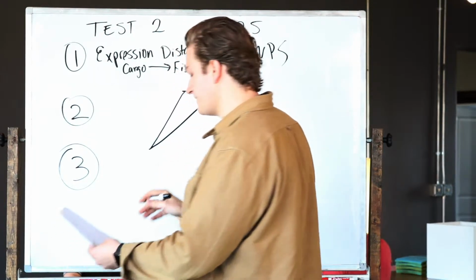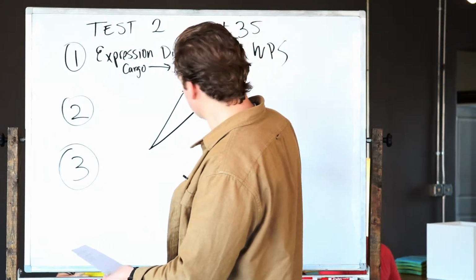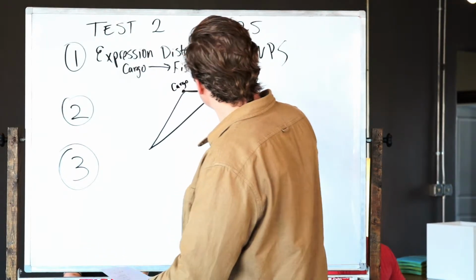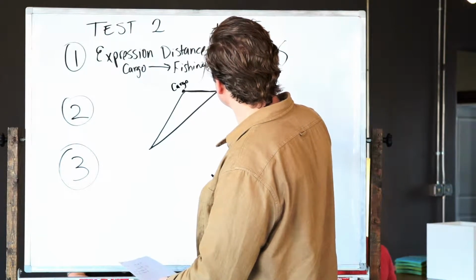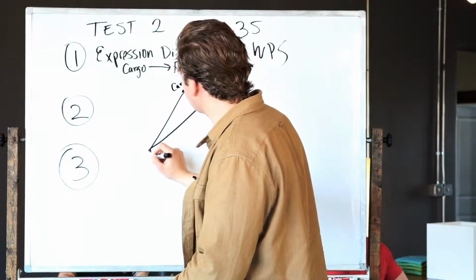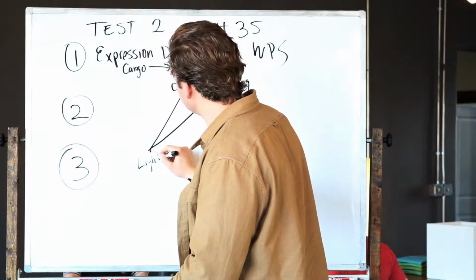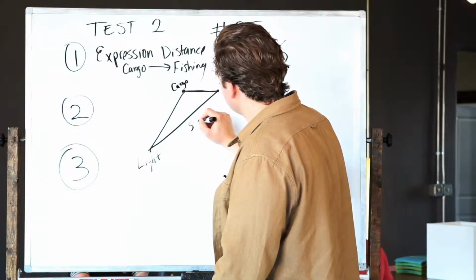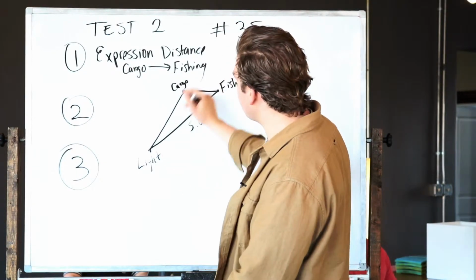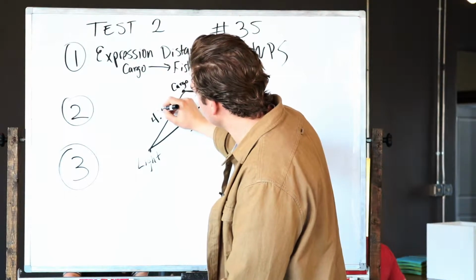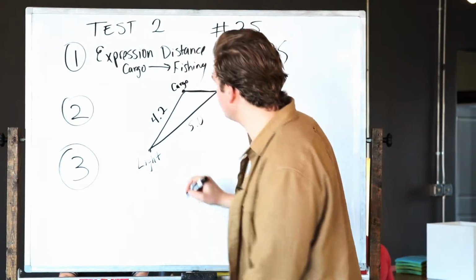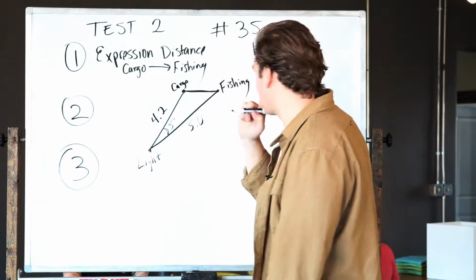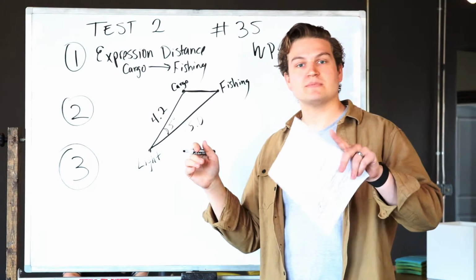This point up here is the cargo ship, this point over here is the fishing boat, and this down here is the lighthouse. From the lighthouse to the fishing boat has a distance of 5.0. From the lighthouse to the cargo ship has a distance of 4.2. And the angle formed here is a 5-degree angle. This is everything it tells us in the picture.